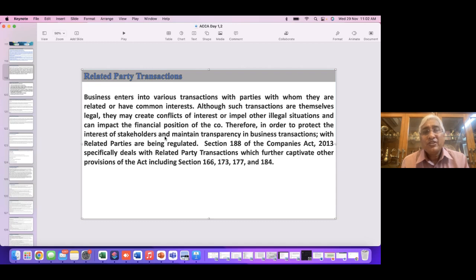Now at the very outset, I want to clarify what is a related party. We know in our family life and otherwise that a person is related to somebody. He or she has a substantial interest in that party.